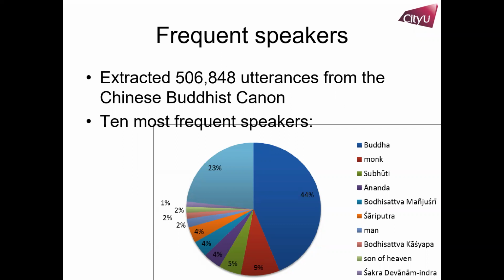So Buddha, as you might expect, is the most frequent speaker, followed by monks. So it's a generic term for various monks, and then Subhuti, Ananda, etc. So some of these are followers or disciples of Buddha. Others are deities, and there's also a category called the Bodhisattvas. And I'll say more about these in the character hierarchy analysis.